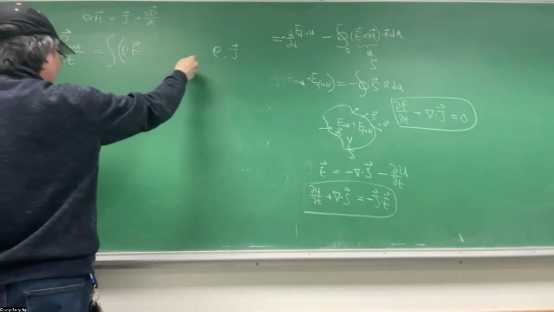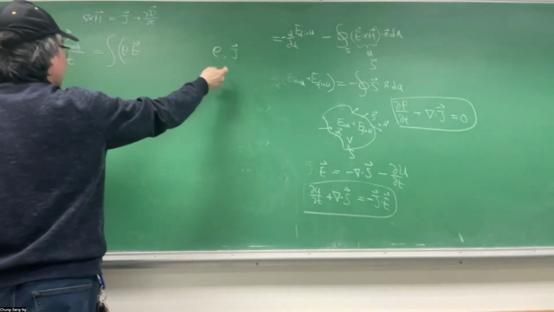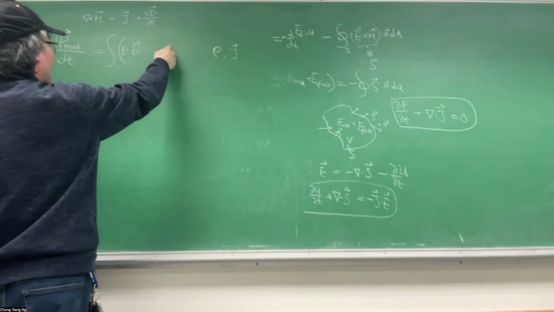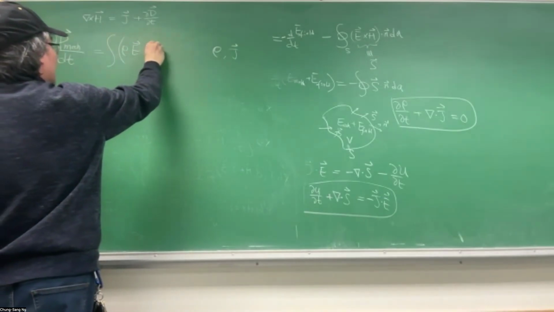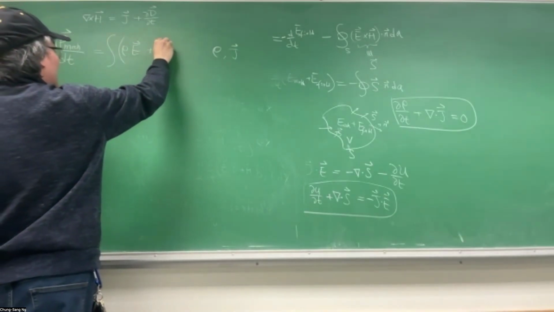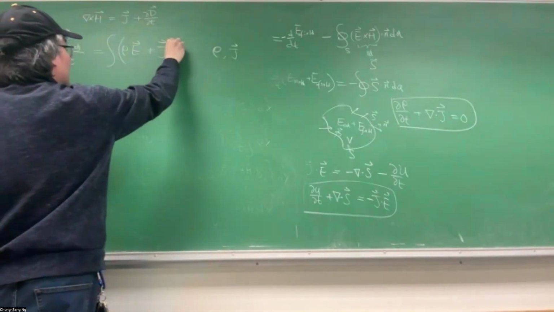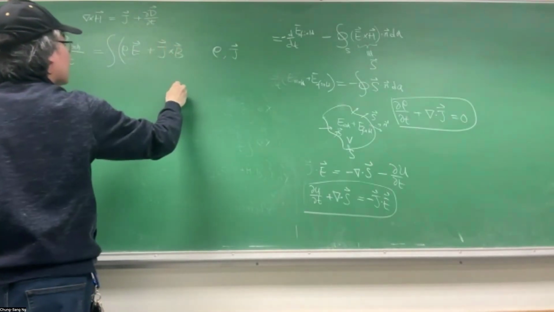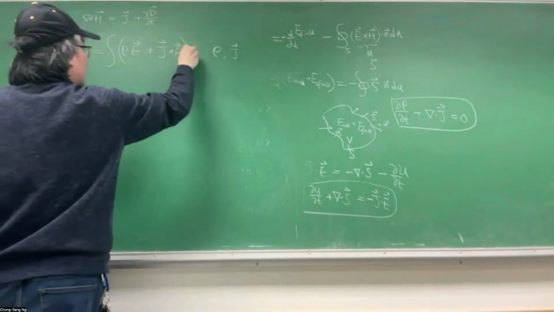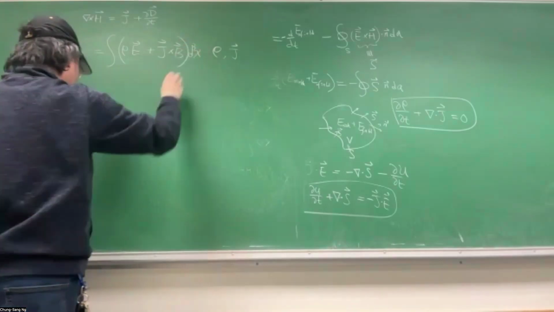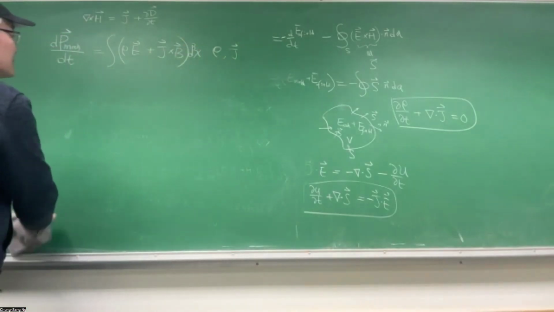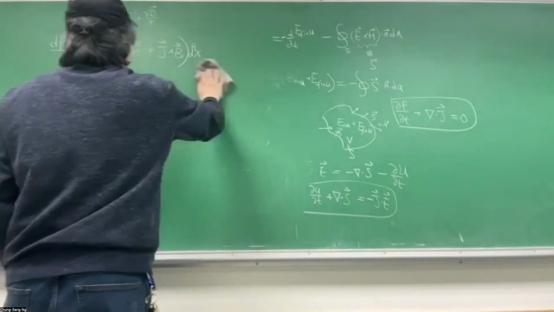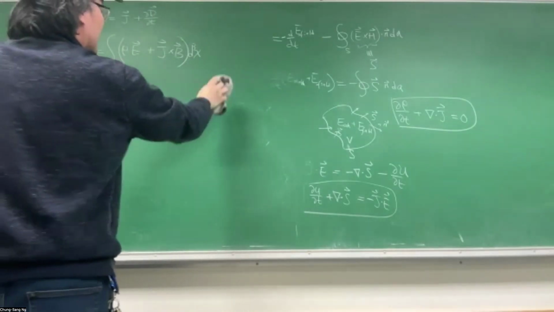So microscopically, it's charge times velocity and a sum over that. So this becomes J cross B integrating over volume.